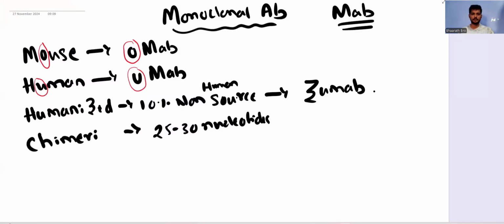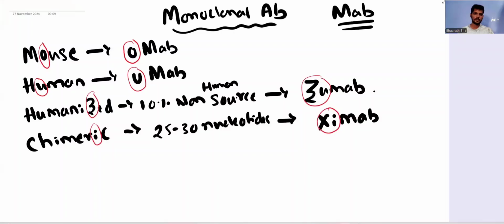So chimeric antibodies are those where the non-human source protein is around 25 to 30 nucleotides, which is more than that of a humanized antibody. If it is chimeric, it ends with "ximab". If it is humanized, it ends with "zumab". If it is chimeric, it ends with "ximab".